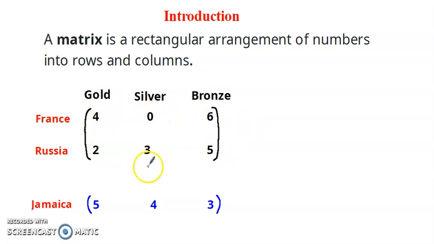Right, so let's represent this matrix as M. M for medal. So M would be equal to 4, 0, 6, 2, 3, 5. So you see how we just took this and transferred it into a more mathematical matrix form.